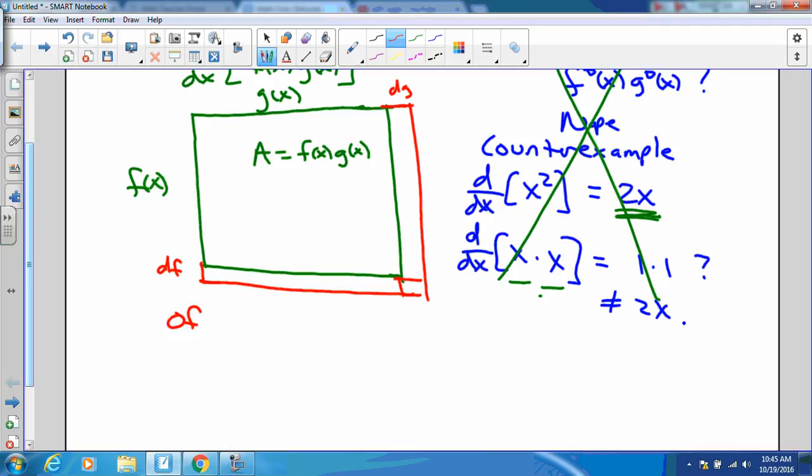So that the old area of x is equal to f times g.